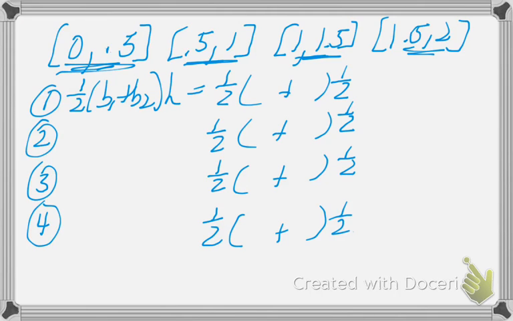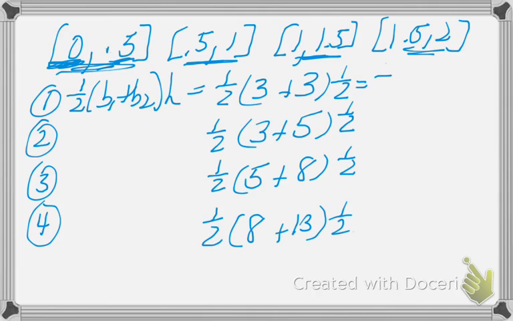Okay, so for the trapezoid, base 1 is going to be over here with 0, so we look at our table, and for 0 we get 3, and for 0.5 we also get 3. Okay, for the next one, we already know this one's 3, and for 1 we get 5. For 1.5 we get 8, 8 again, and then 13. Okay. So now we just have to do this algebra.